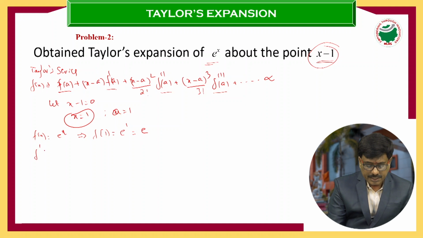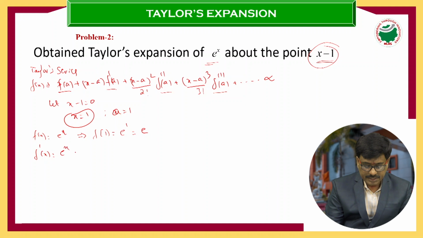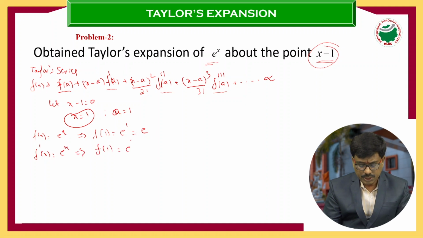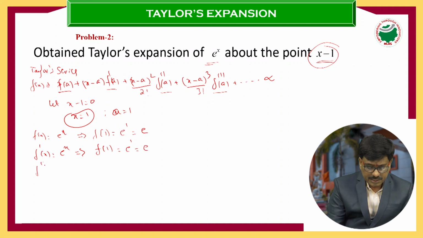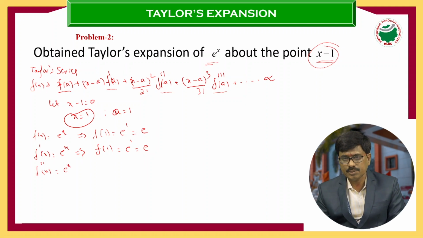Similarly, we need to calculate f dash of x. What is the derivative of e power x? e power x. That implies f dash of 1 equals e power 1, which is equal to e. Similarly, f double dash of x is e power x, because the derivative of the exponential function e power x is always e power x.